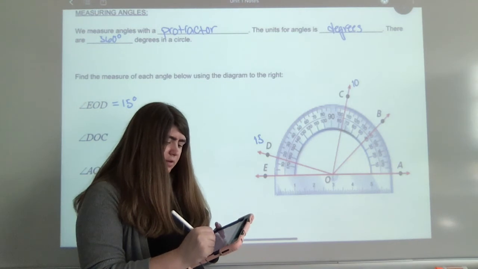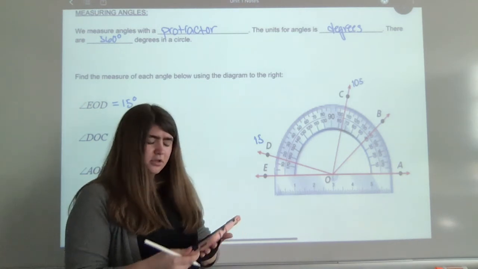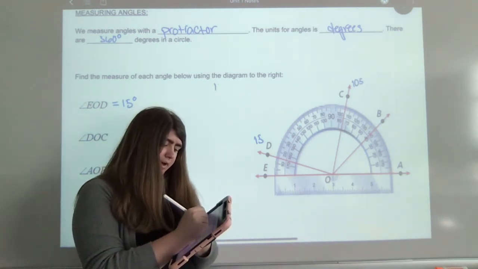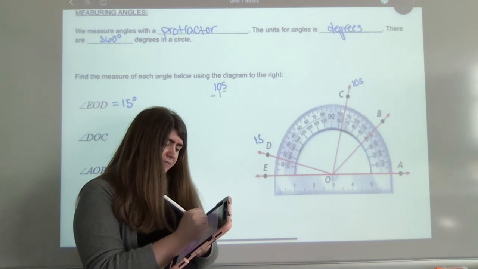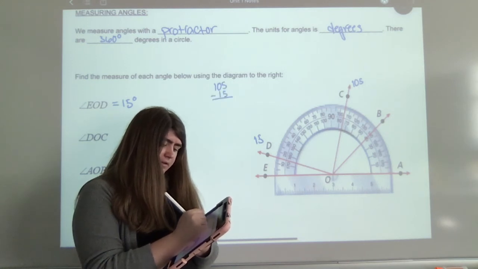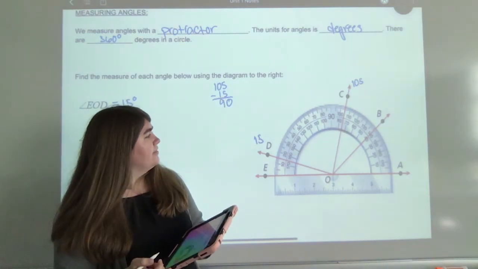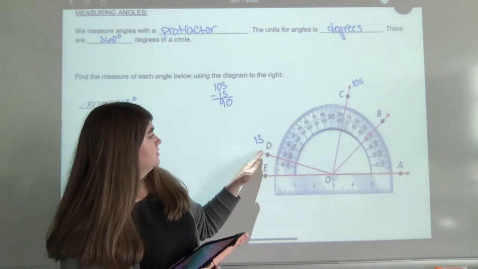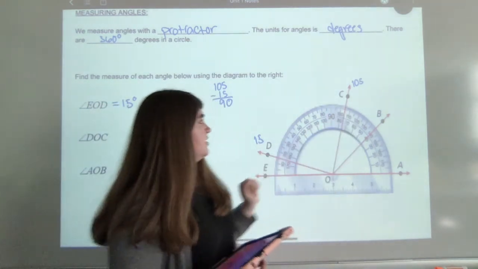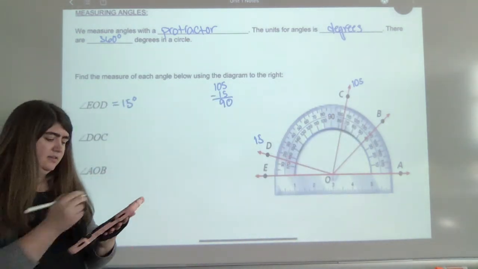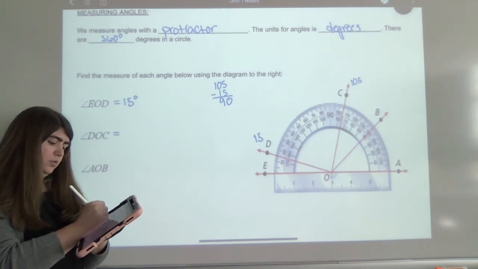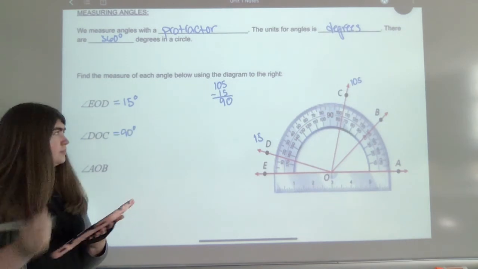So if C is at 105, I need to do 105 minus 15. 5 minus 5 is 0, and 10 minus 1 is 9. So that leaves me with angle DOC is a right angle, so this is equal to 90 degrees.